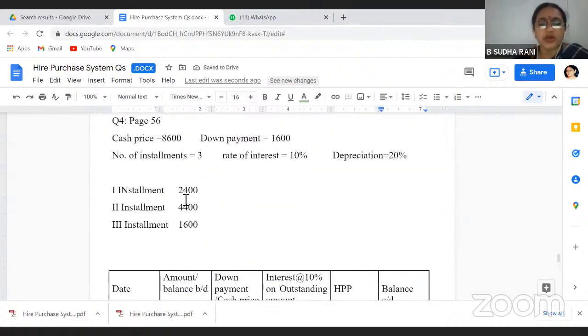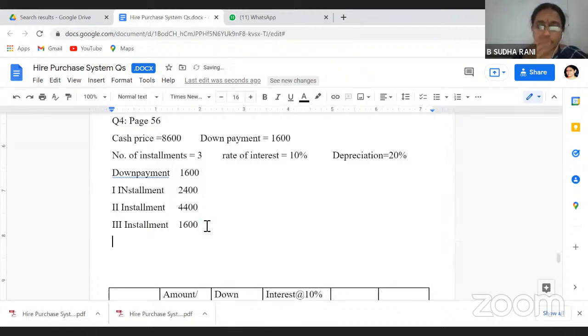What is the first installment? 2,400, second 4,400, and down payment, how much he paid? 1,600. So you will get the hire purchase price.